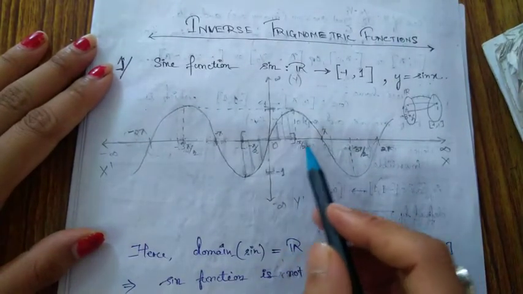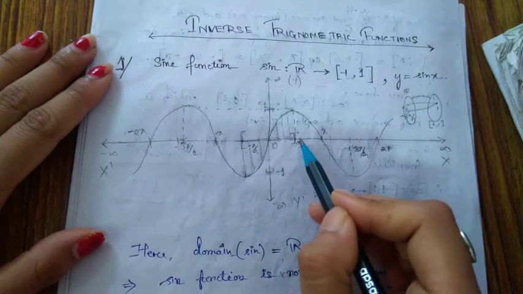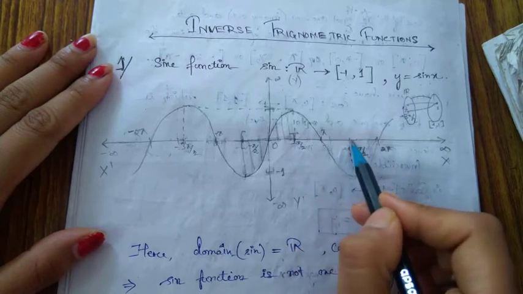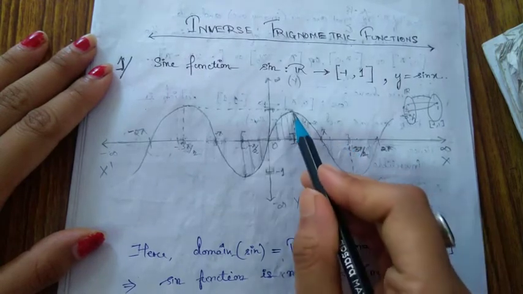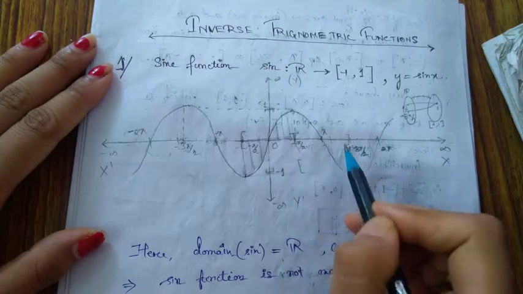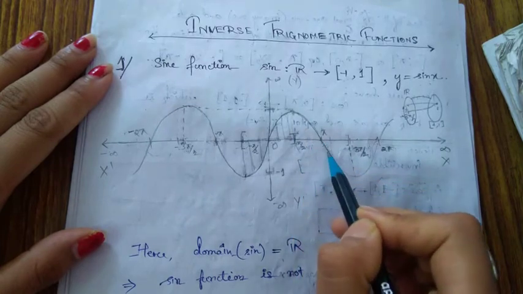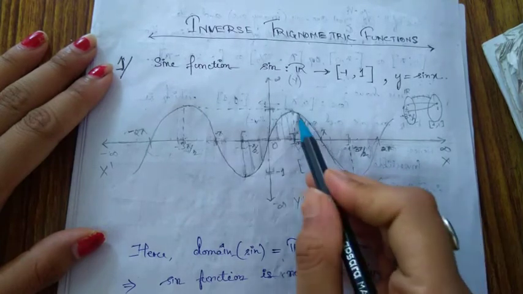Or you take the domain from -π/2 to +3π/2. If we take from +π/2 to +3π/2, then this is your corresponding y.